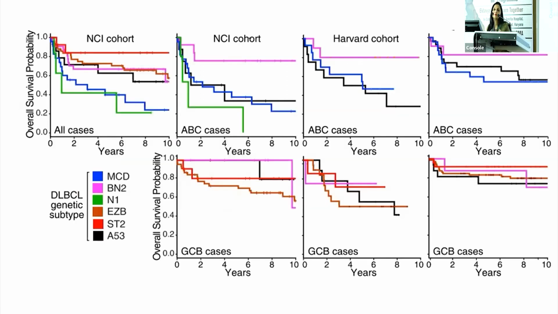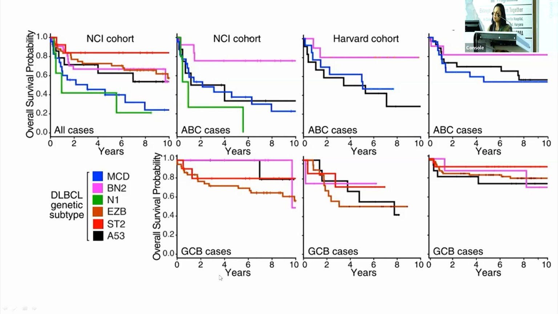So, and what about the prognosis? I told you many groups have given these genetic classifications. So if you look at the genetic classification in the ABC patients, in the different cohorts which had given this classification, clearly there is a winner. This BN2 group is prognostically performing better in all of them. And then there are other groups.